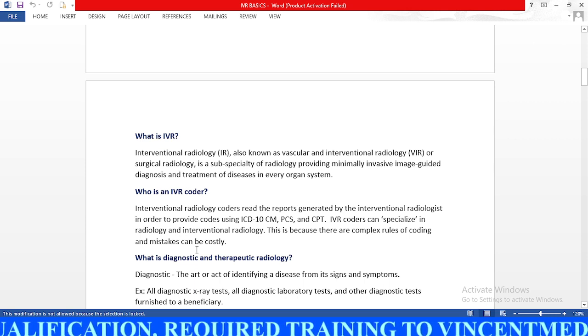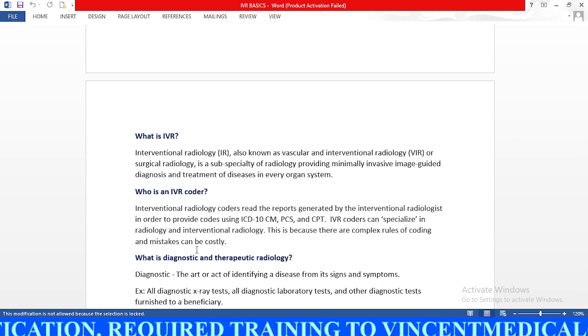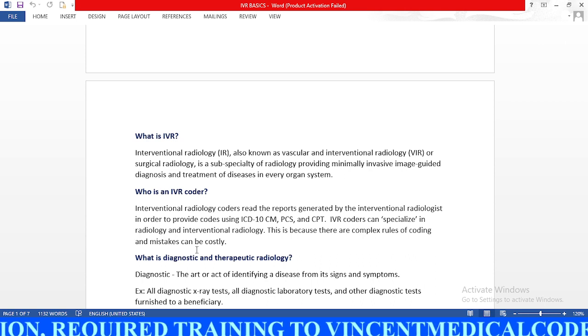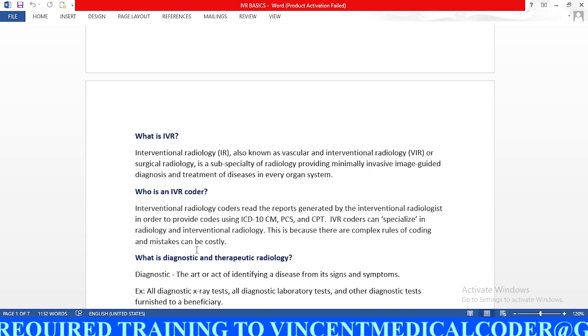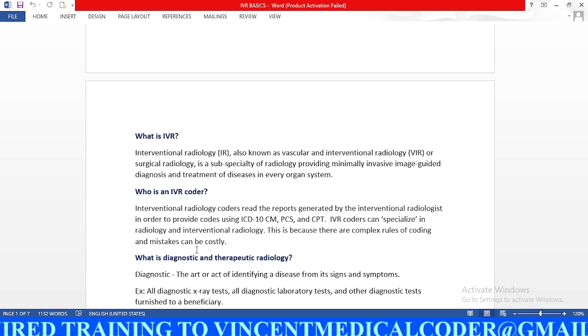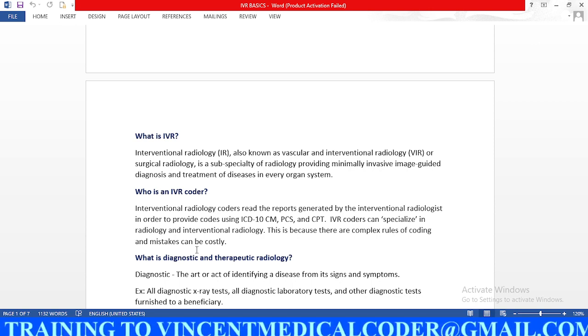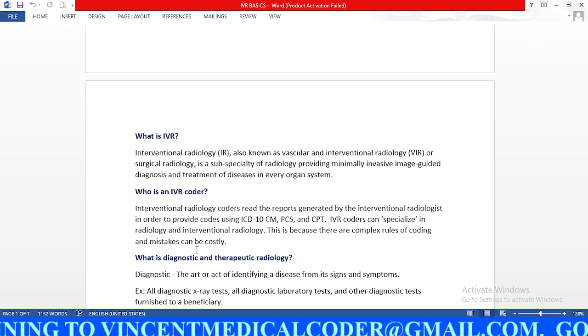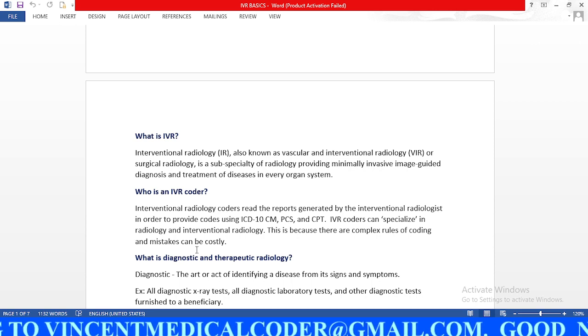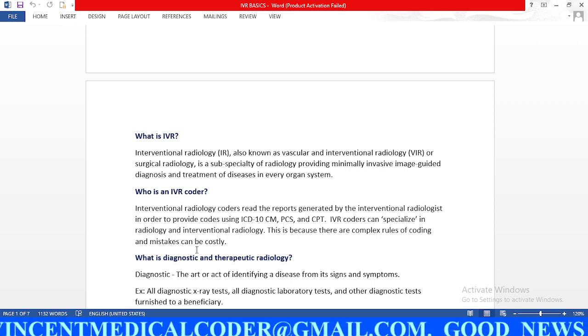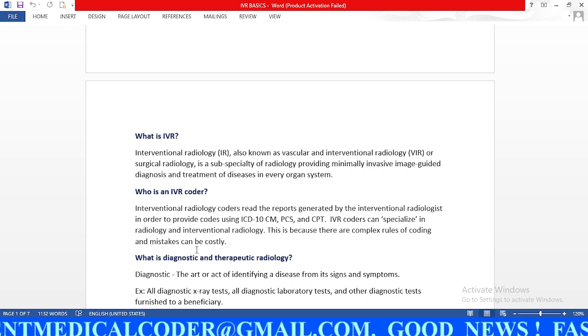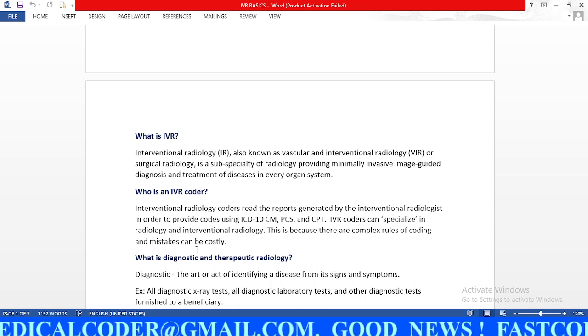So first question, what is IVR? Usually we will call it IR, also known as vascular and interventional radiology or surgical radiology. It is a subspecialty of radiology providing minimally invasive image guided diagnosis and treatment of diseases in every organ system.